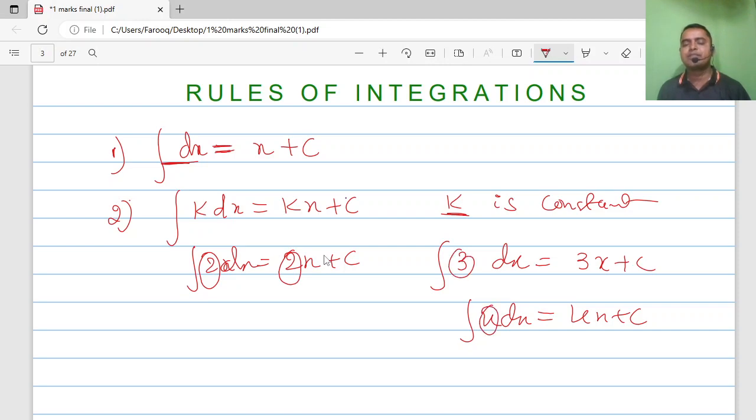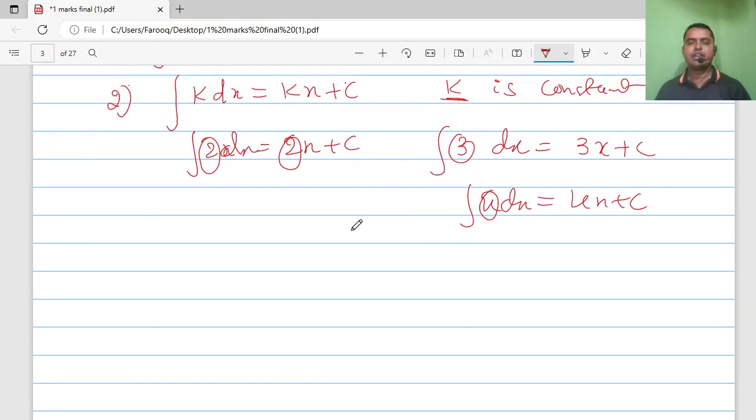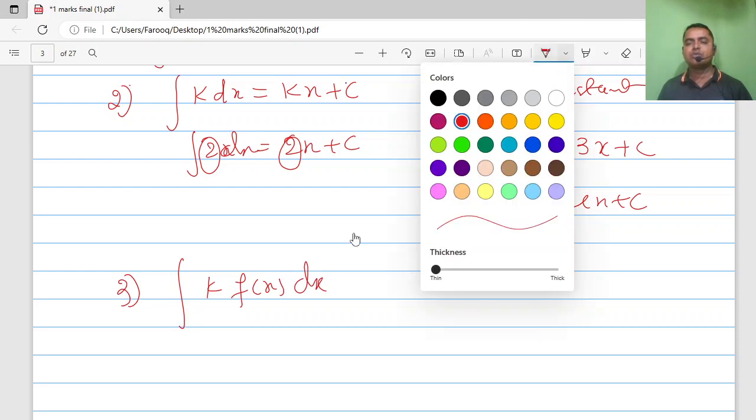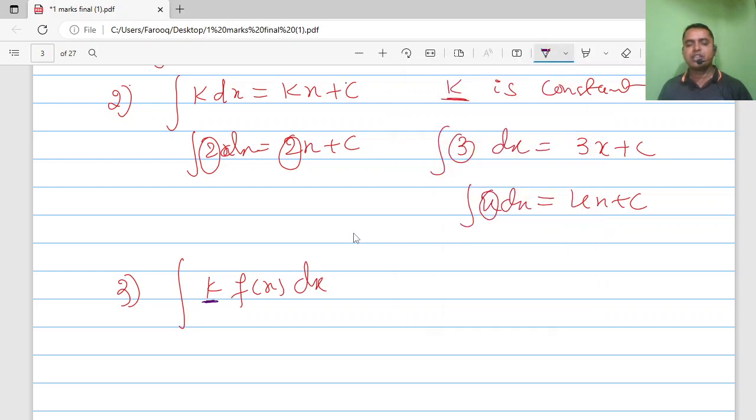And the third rule is: if a constant and a function appear together, that is integration of k f of x dx. Two things are given here: constant and function.